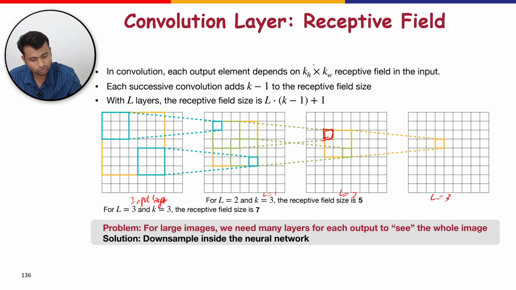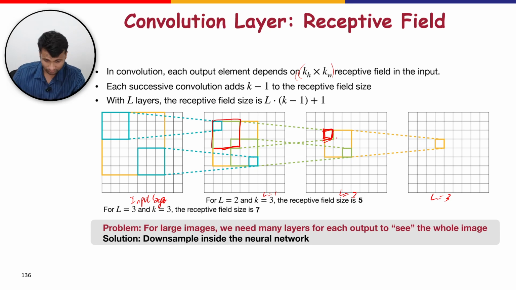If we assume the filter size is kh cross kw, and take it to be 3 cross 3, then this single pixel is coming from these pixels here. How many pixels? kh cross kw. In this case k is equal to 3, so 3 cross 3 pixels.